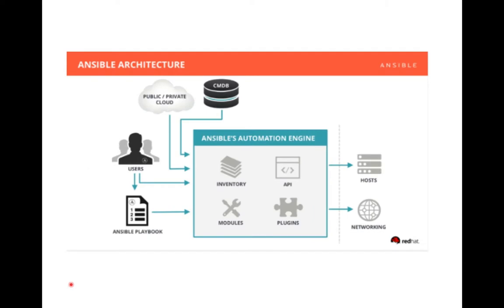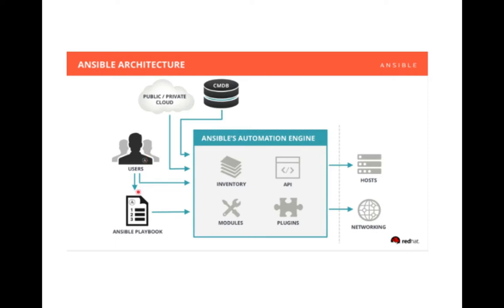Here's a kind of an overview of the Ansible architecture. Ansible uses a number of different components to configure remote systems. You're here as a user and you can run the Ansible software.